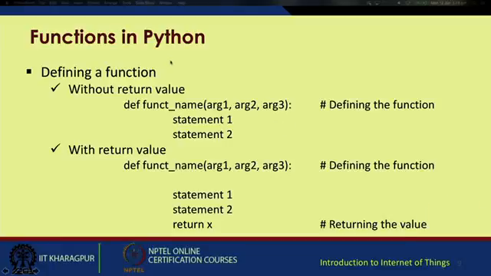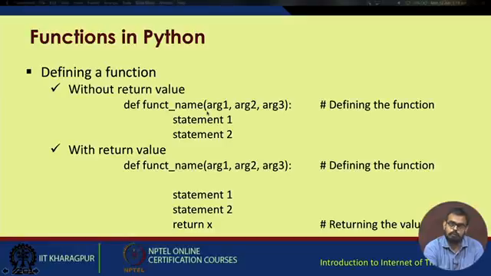Now, defining various functions in Python: for ease of your implementation, for ease of your understanding, whenever you are writing a very complicated function, a very large program, it is always advisable to modularize your code. Suppose your code includes checking for a prime number, checking for a factorial, or returning the factorial value of a function, and so on.